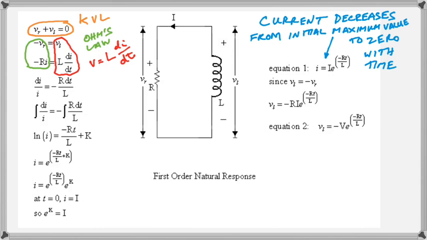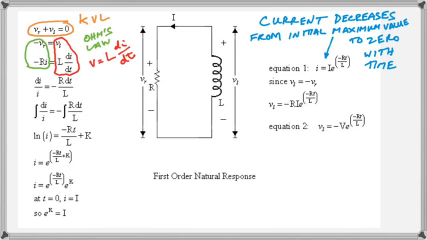Anyhow, our final answer is that we have the large current gradually decreasing over time to zero, with a formula now. The only change in this formula to the one that we had in the capacitor case is in the exponential function, where you can see it is minus RT over L. And the formula for the voltage is the same.